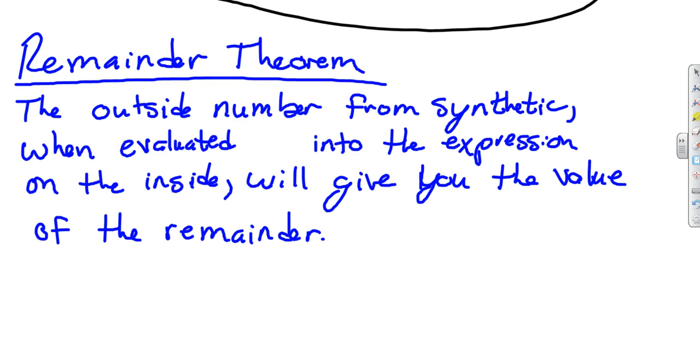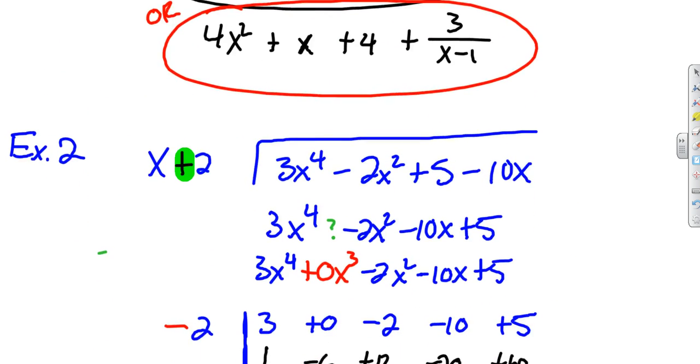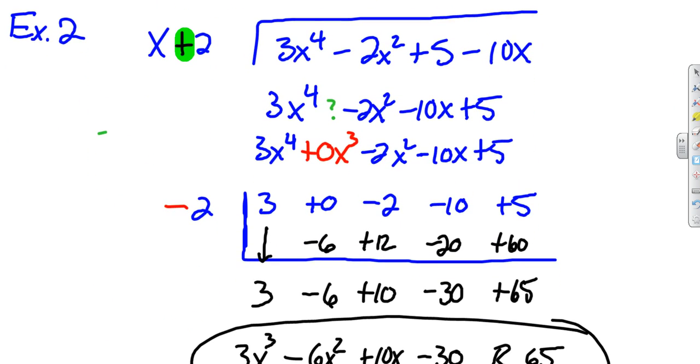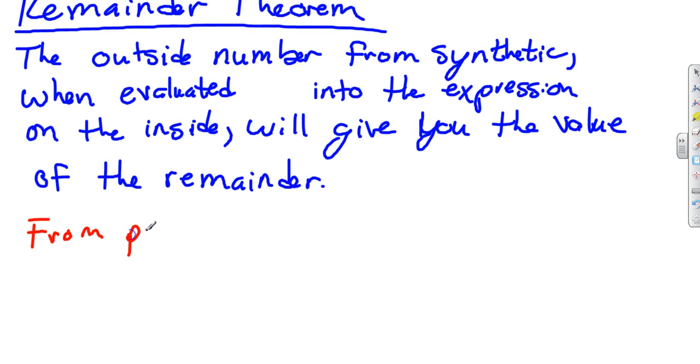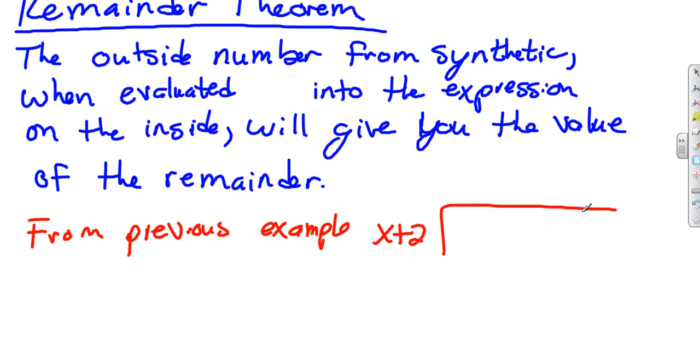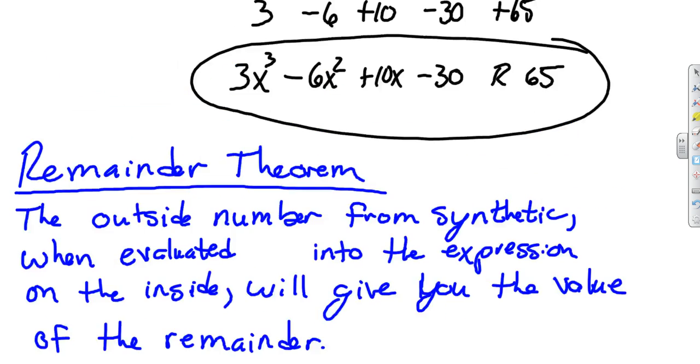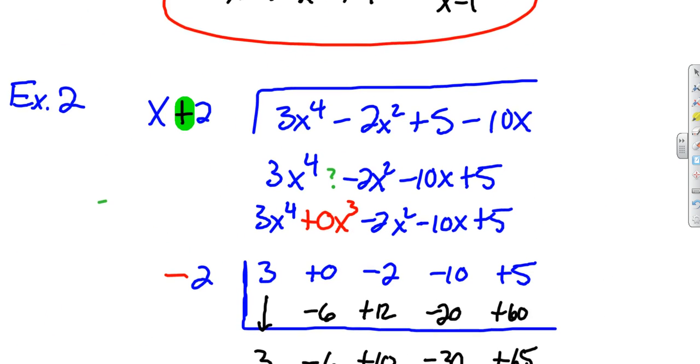Okay, so from the previous problem, what was it back up here? We were taking x plus 2 and dividing it into 3x to the fourth minus 2x.